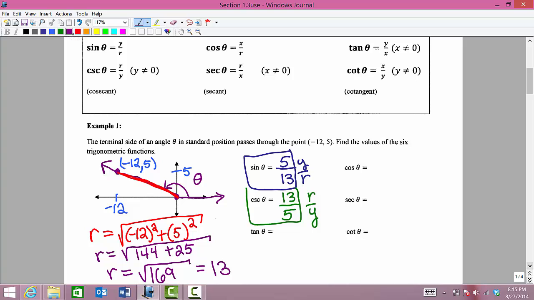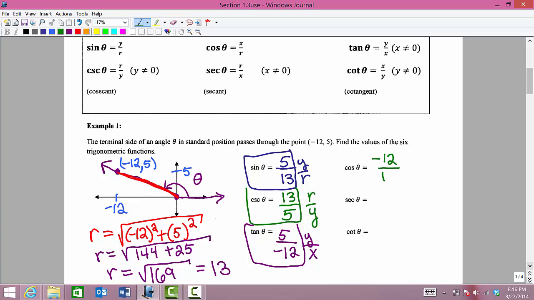Tangent of theta is described as y over x. So we're going to form that fraction. Y is 5. And we want x. X is -12. So tangent of theta for this angle would be a value of 5 divided by -12. Cosine of theta is x divided by r. Our x value is -12.